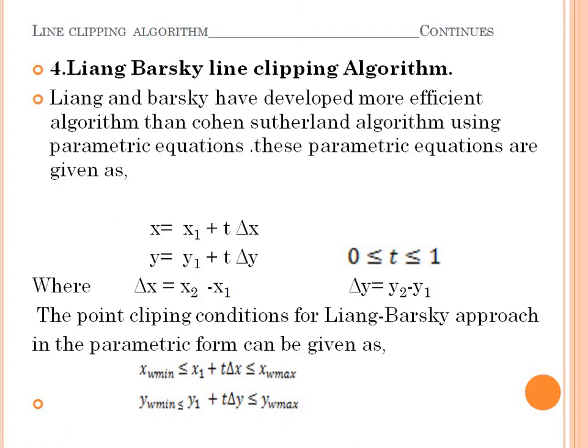Here, in these four inequalities, we move the x1 value to the right hand side, and we get t into delta x is greater than or equal to xw minimum minus x1, and t into delta x is less than or equal to xw maximum minus x1.